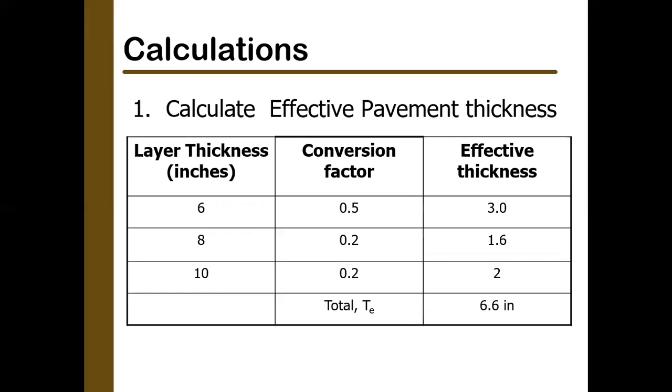So for the effective thickness, you multiply 6 by 0.5, and it becomes 3 inches. The asphalt surface was actually 6 inches, but effectively it is 3 inches as per this methodology.